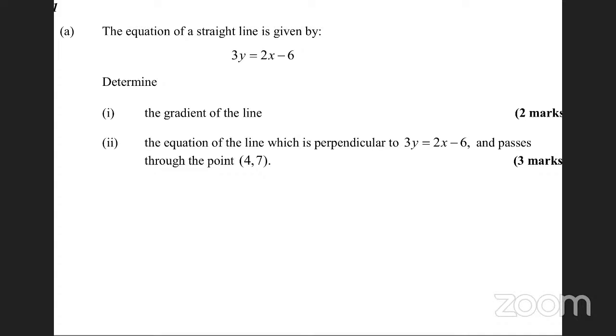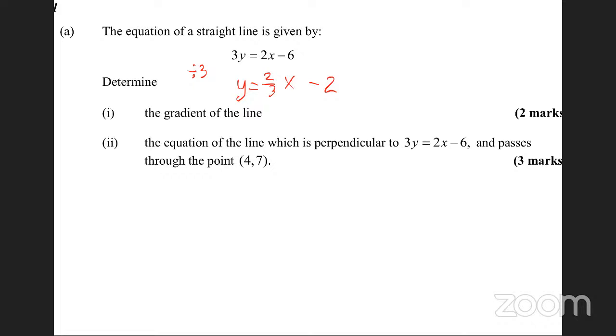Ashton, correct? You made a little mistake. What did you forget to do? Divide by 3. It must be in the form y is mx plus c. It must be in the form 1y is mx plus c. So that's the part you have to remember. So you have to divide by 3, and you'll get y is equal to 2 over 3 x minus 6 divided by 3 is 2. Now we can get the gradient.